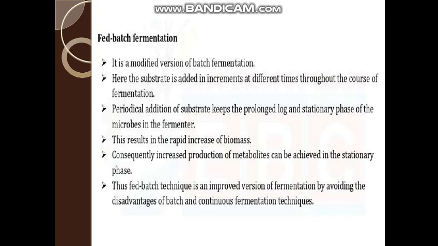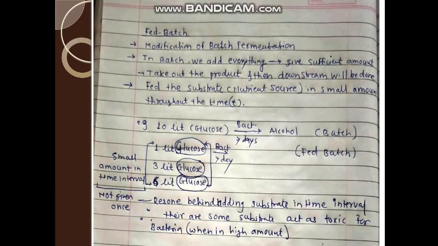If our target is to get baker's yeast, we require the biomass. So fed batch fermentation results in a rapid increase of biomass, and thus the fed batch technique is an improved version of fermentation, avoiding the disadvantages of batch and continuous fermentation.